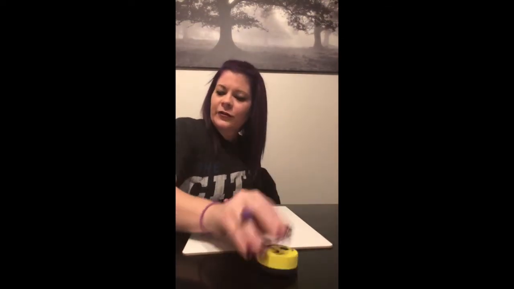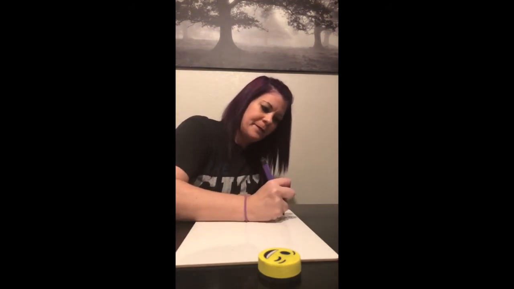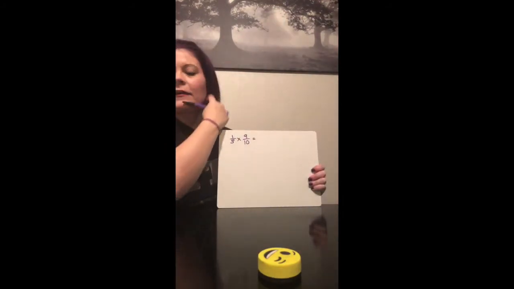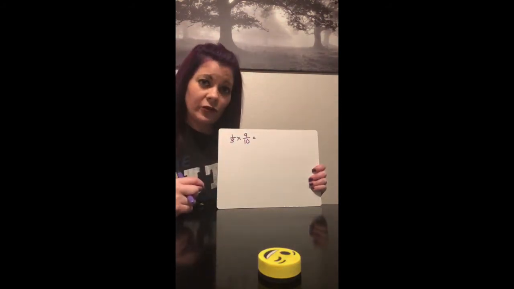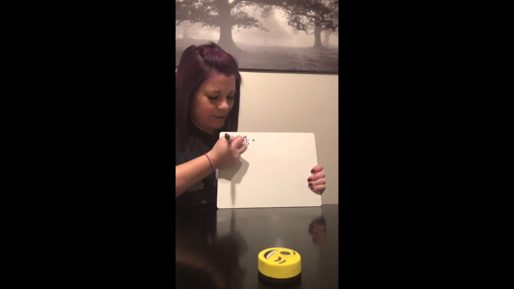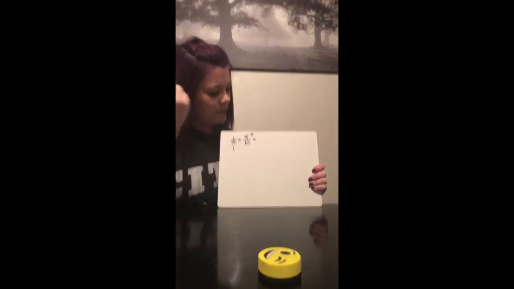I love cross-reducing because I hate getting big numbers at the very end. It's much easier to just reduce within the problem. So here, if you check your diagonals, 1 and 10, they don't have a common factor. But 3 and 9, they do have a common factor of 3. So 3 divided by 3 is 1, and 9 divided by 3 is 3.